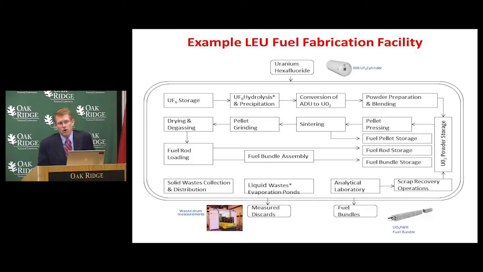So from a safeguards perspective then, when you come to inspect this facility, the facility will need to declare all the material in all of its different forms in all of these different storage and process areas across the plant site. And the goal of the agency is to be able to independently verify those declarations.